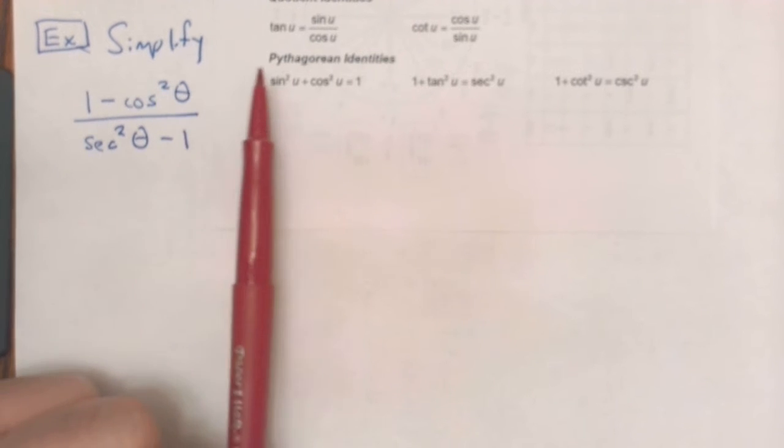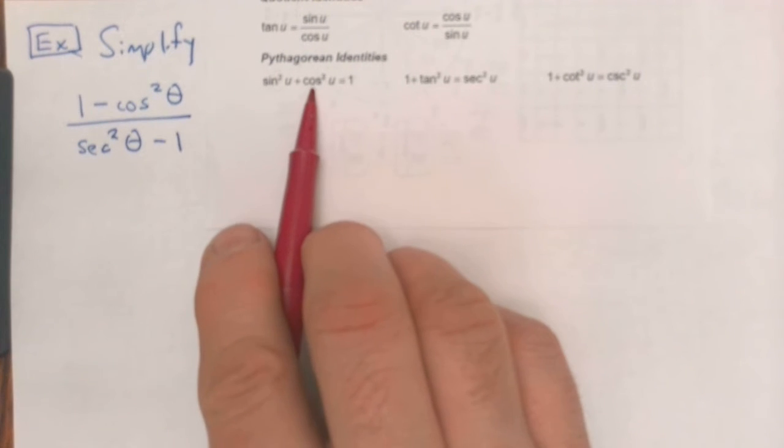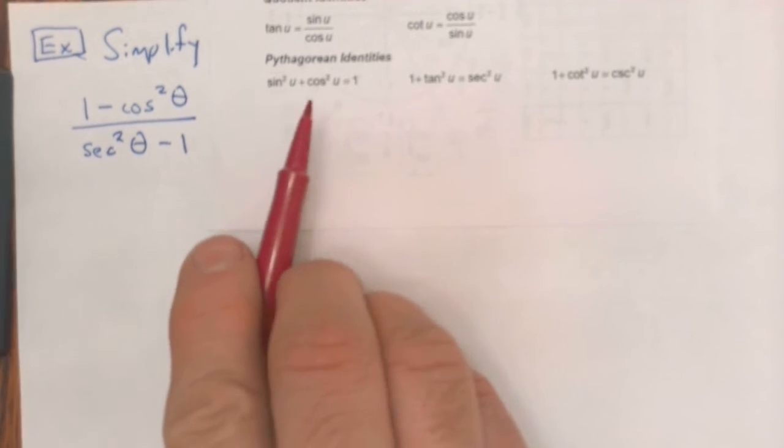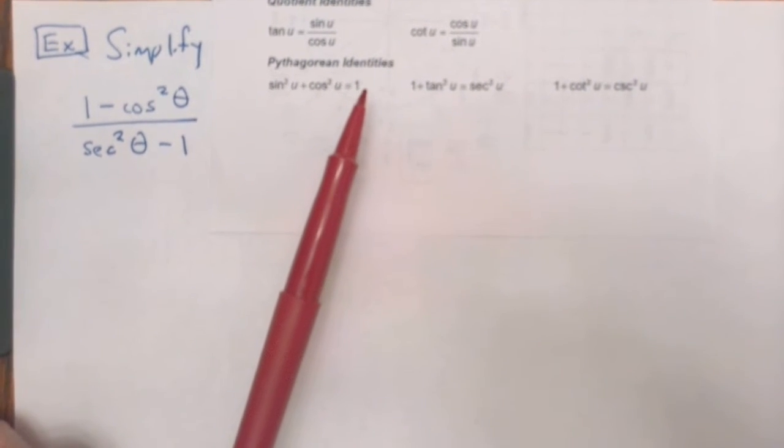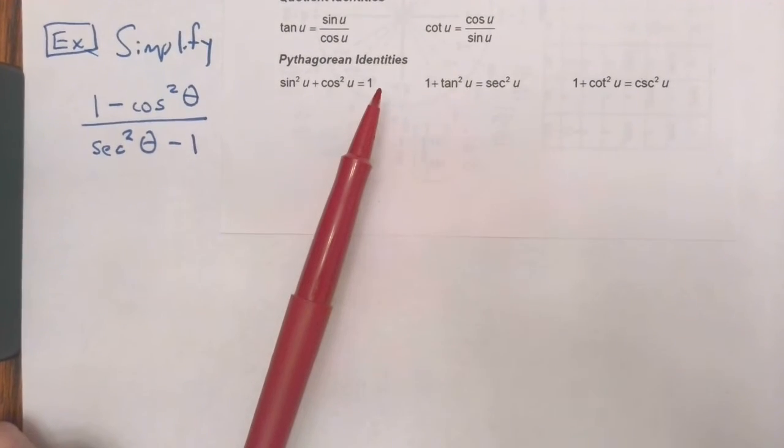If I have sine squared plus cosine squared, I can replace that with the number 1. Or if I have the number 1, I can replace that with sine squared plus cosine squared.